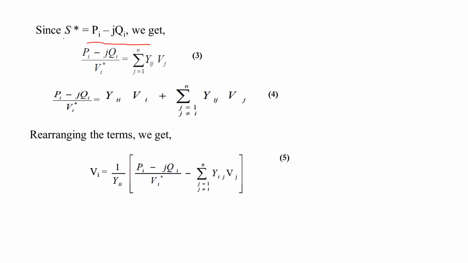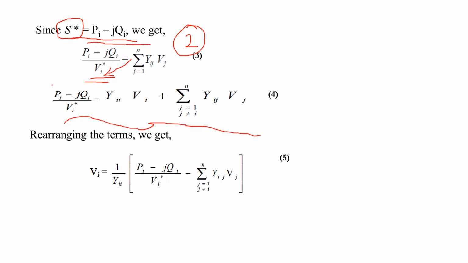We substitute S in the previous equation, replacing the S value, and V_i in the denominator becomes the conjugate.